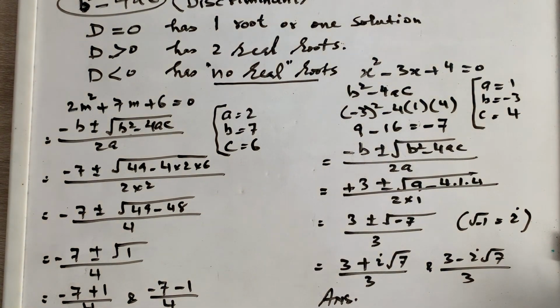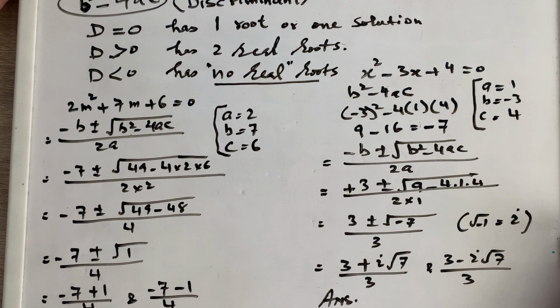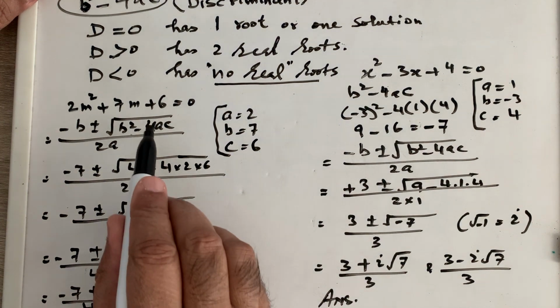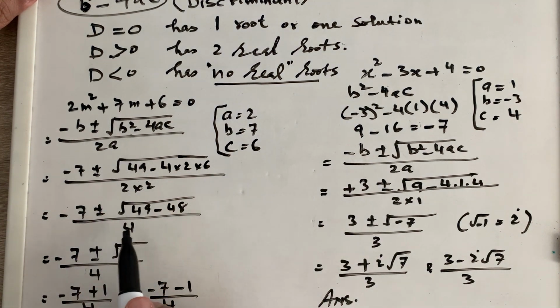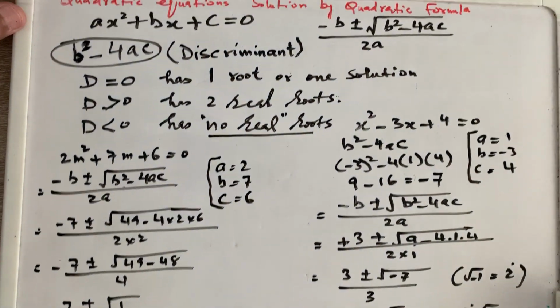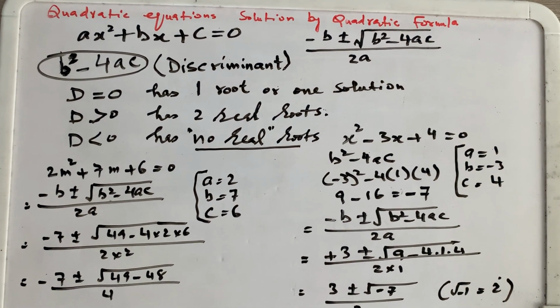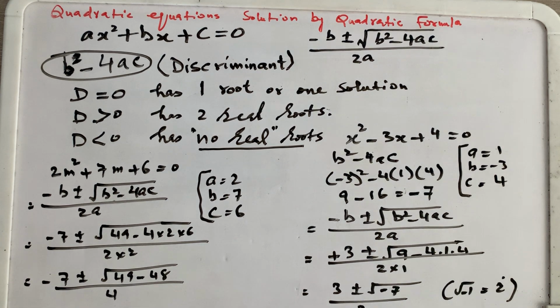And you know that you can also solve it by the factor method. So we have two distinct solutions. Why do we have two distinct solutions? Because if I calculate this part, b square minus 4ac, it turns out positive. That is, d is greater than 0. If d is greater than 0, then we have two real roots, so the parabola will be cutting the x-axis at two real points.